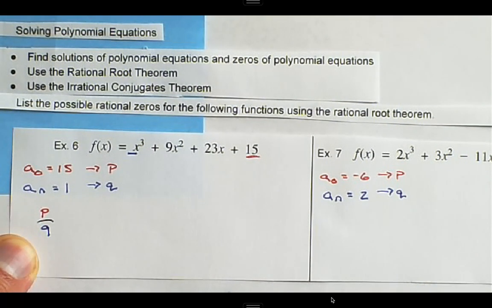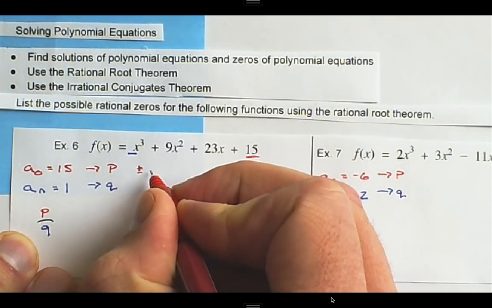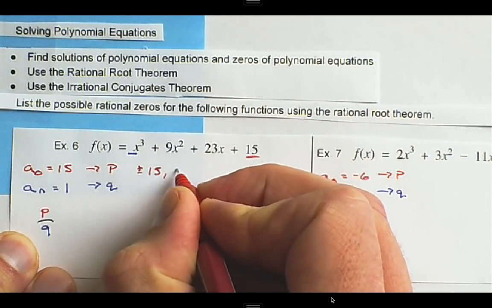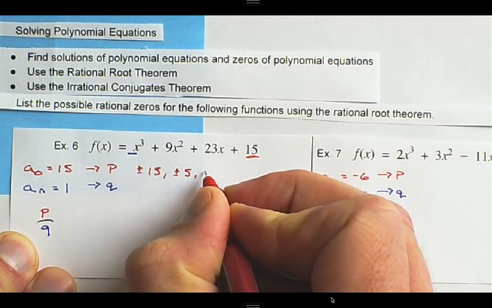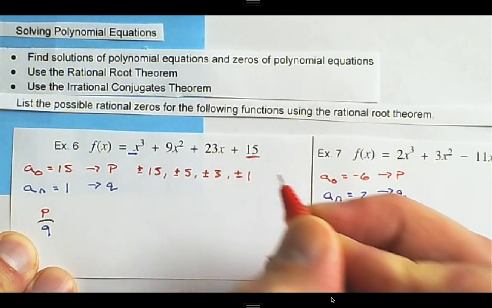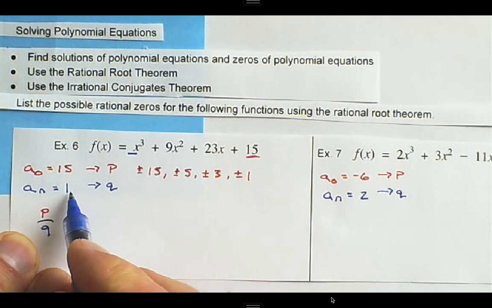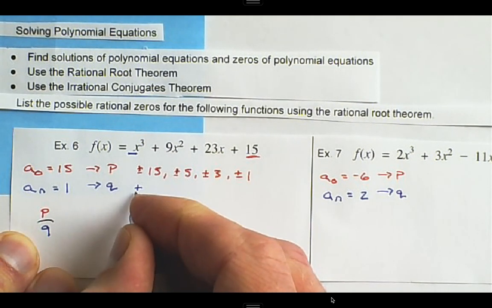So all the possible factors of 15 are plus or minus 15, plus or minus 5, plus or minus 3, and plus or minus 1. And all the possible factors of 1 are just plus or minus 1.